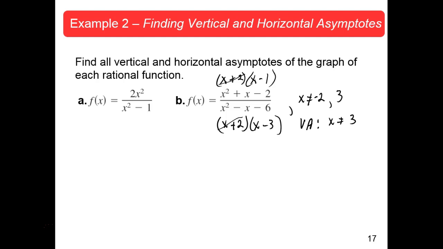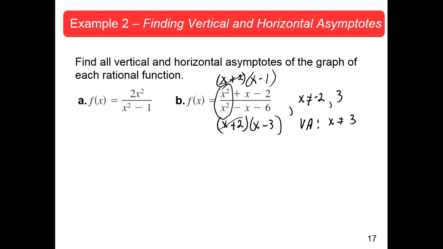Okay? So, we got our vertical asymptote. What else are we supposed to find? Horizontal asymptote. And how can you find that? First terms, ratio of the leading terms.